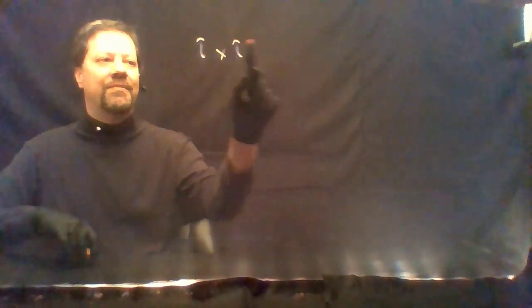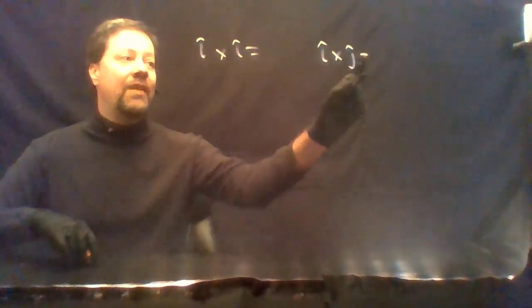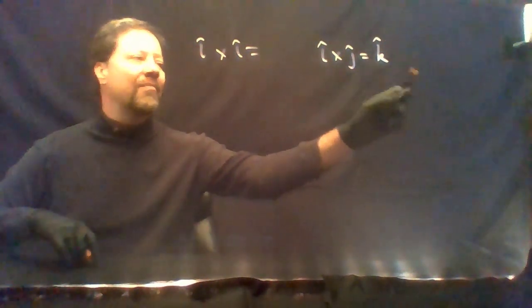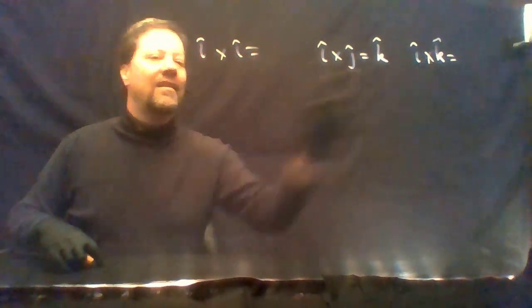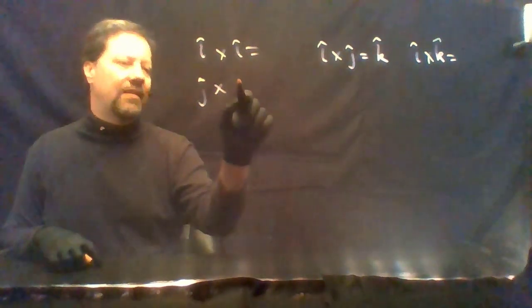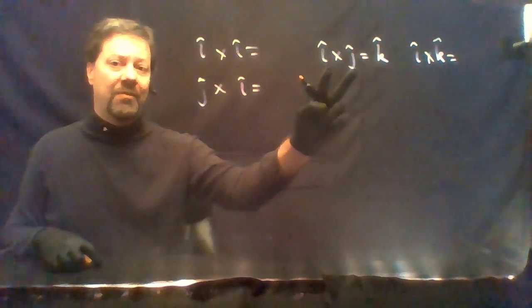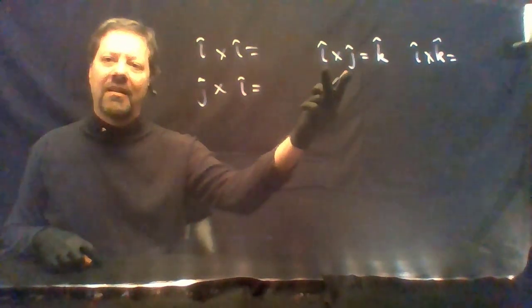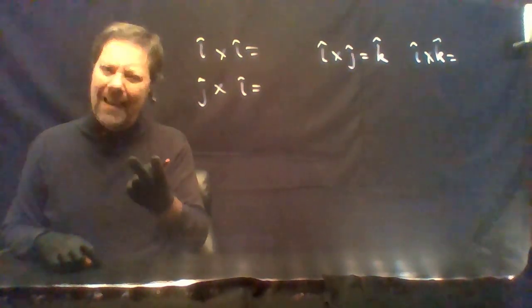Let's make a table. i cross i, i cross j, which we just proved was k, i cross k, j cross i. Remember that the cross product is not commutative, it's anti-commutative.